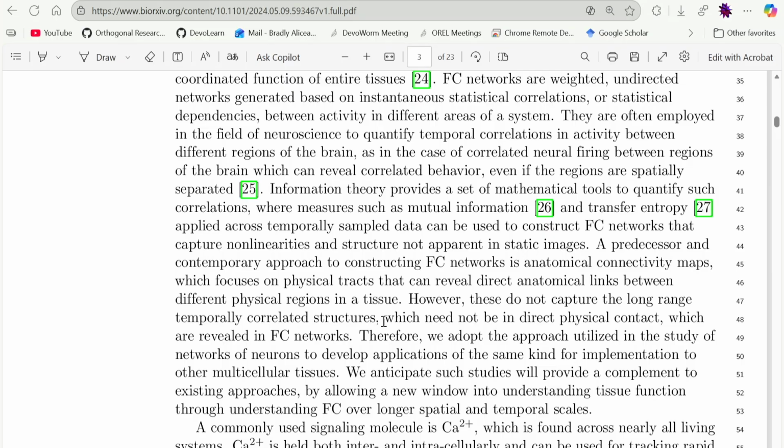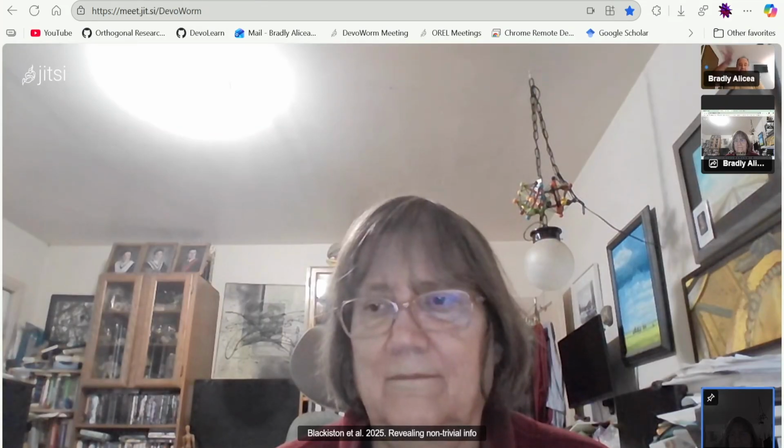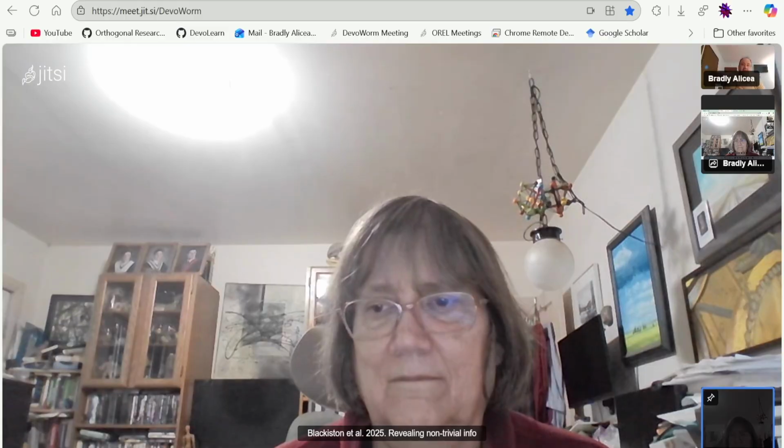The anatomical connectivity maps are just the structure of how anatomy is linked across different regions. In a brain, you might have long fiber tracts that go from one part of the brain to the other, and that implies some connectivity there.